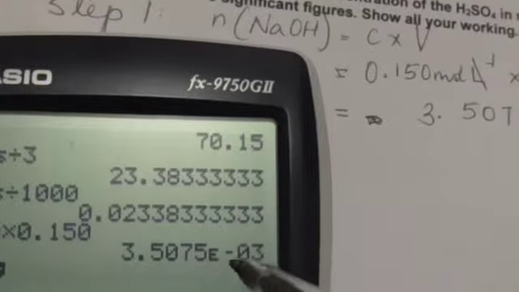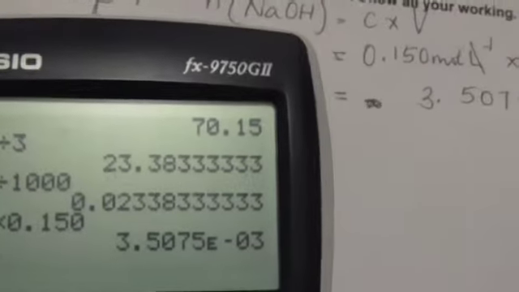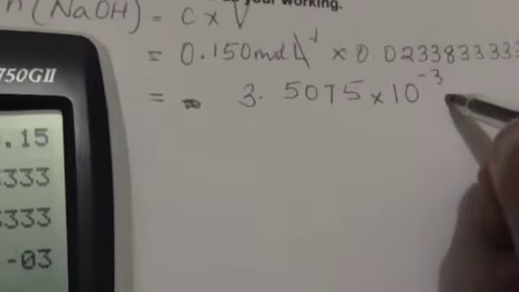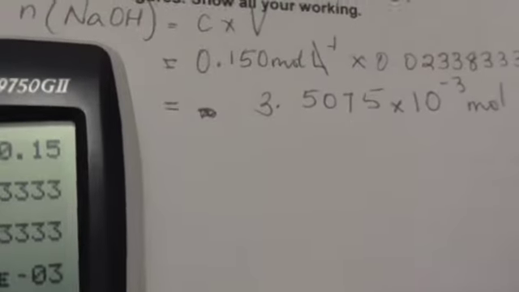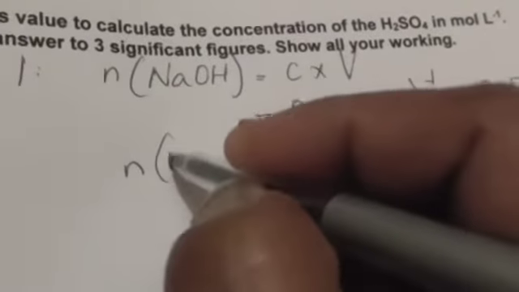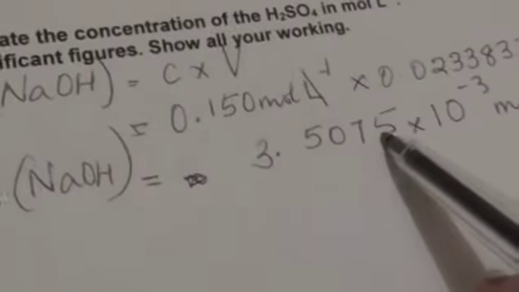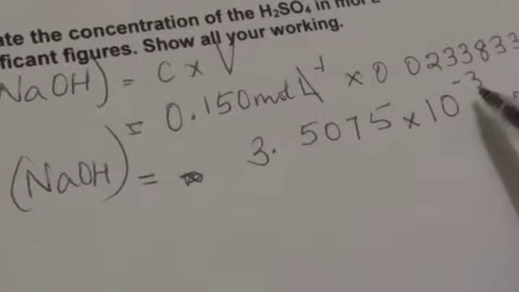The E here is exponent, so that means it is times 10 raised to the power of -3, and the unit is mole. Alright, so what have I just calculated? I've calculated the number of moles of sodium hydroxide. It is 3.5075 times 10 raised to the power of -3 mole.